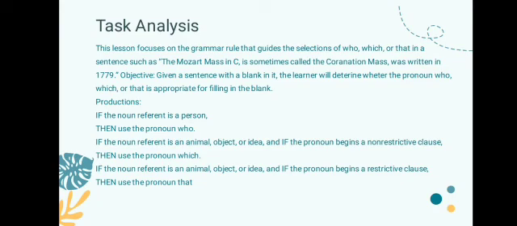If the noun referent is an animal, object, or idea, and if the pronoun begins a non-restrictive clause, then use the pronoun which. If the noun referent is an animal, object, or idea, and if the pronoun begins a restrictive clause, then use the pronoun that.